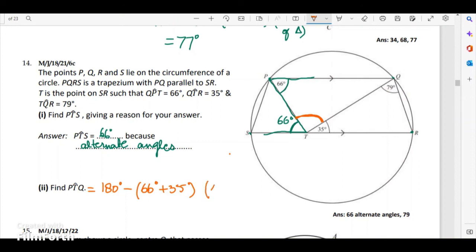And the reason being that these are angles on a straight line. 66 plus 35 would be 101, and 180 take away 101 would be 79 degrees. That's your answer.